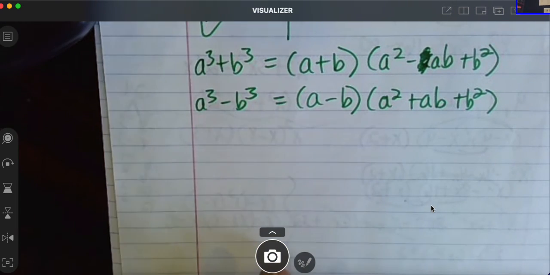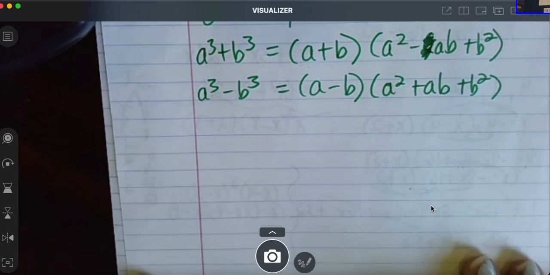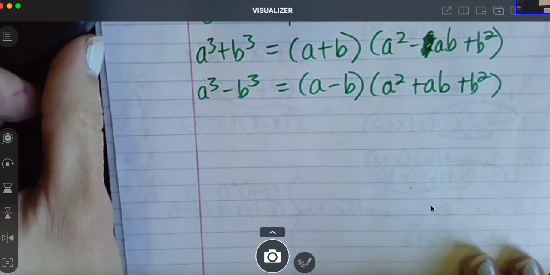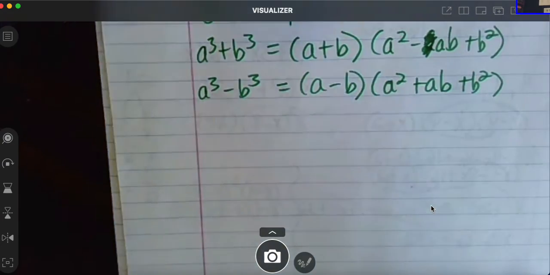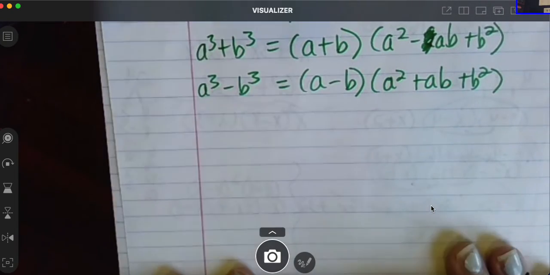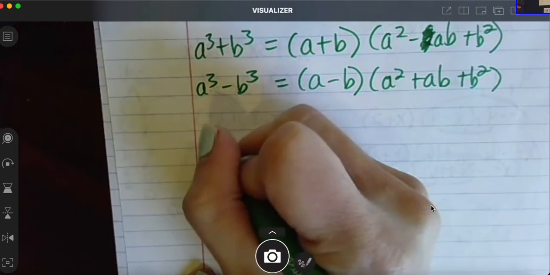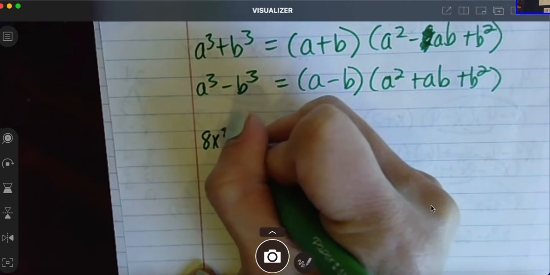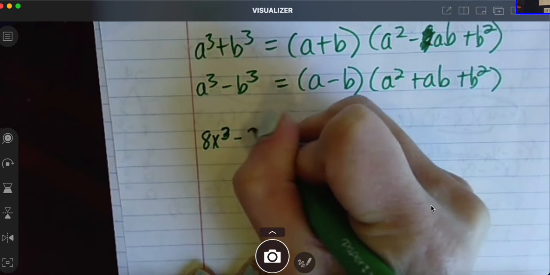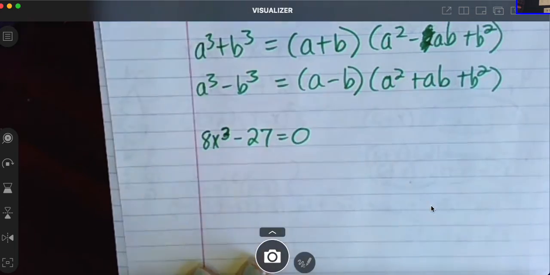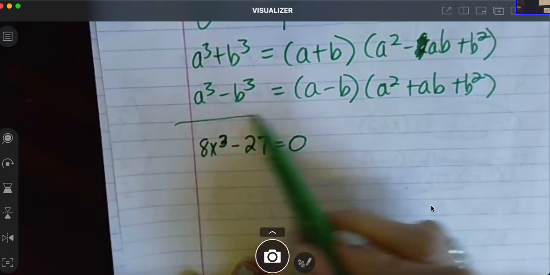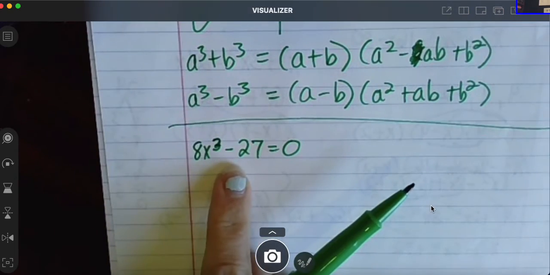Now, let's look. I did number 1 and I told you that I was going to do number 1 again. I know you probably don't want me to, but I'm going to go with it. You'll see it again and you might understand it a little bit better. On number 1, they have this written down, and you should be able to tell, hey, this is a difference, subtraction.